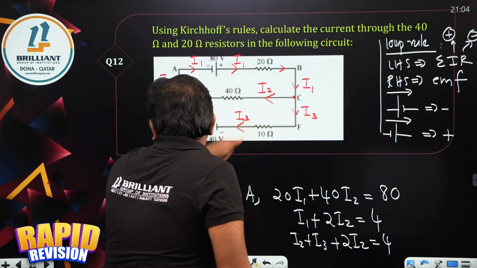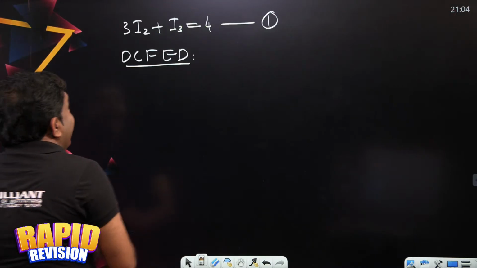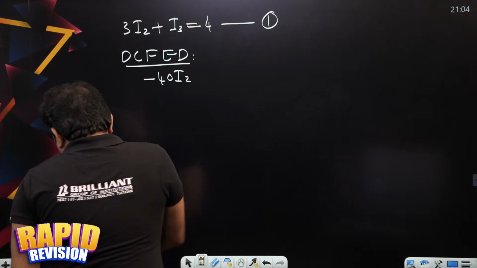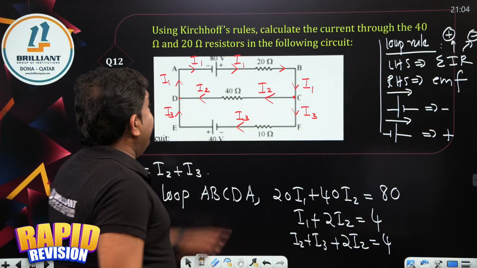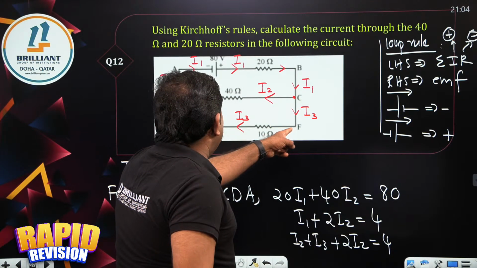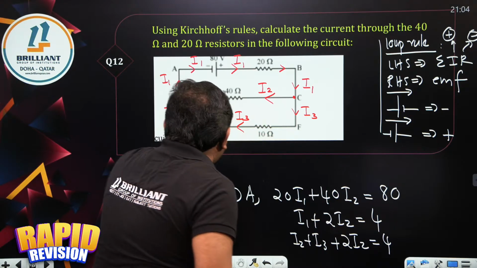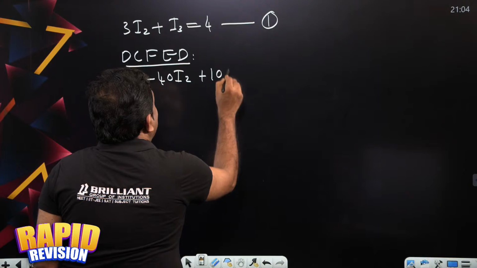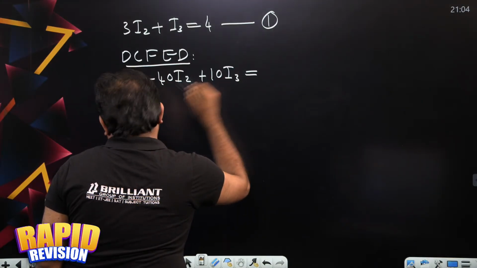So there should be a minus sign. So we can say that is minus 40 I2. And here this I3, now it is in the direction. So 10 I3 is coming. So that is plus 10 I3 is equal to.